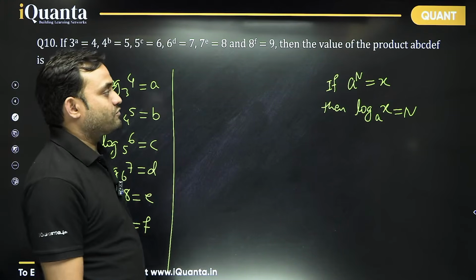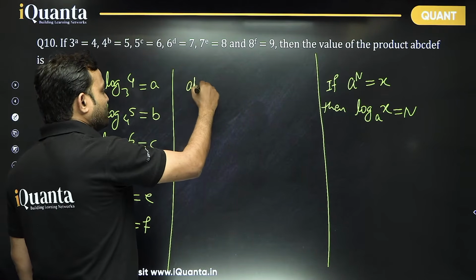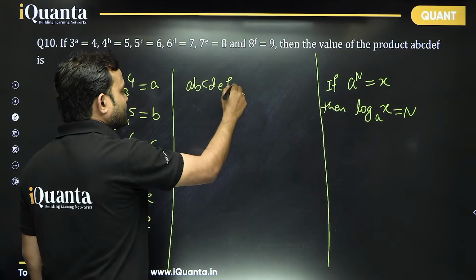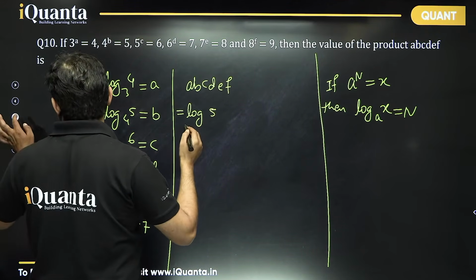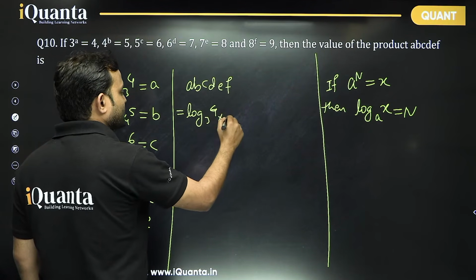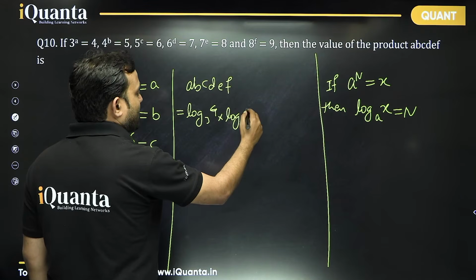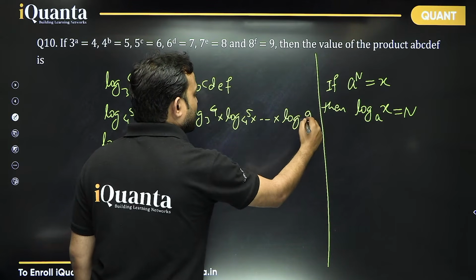Now what do we want? We want the product a, b, c, d, e, f. If I multiply a, b, c, d, e, f, this will be equal to log 4 base 3 into log 5 base 4 till log 9 base 8.